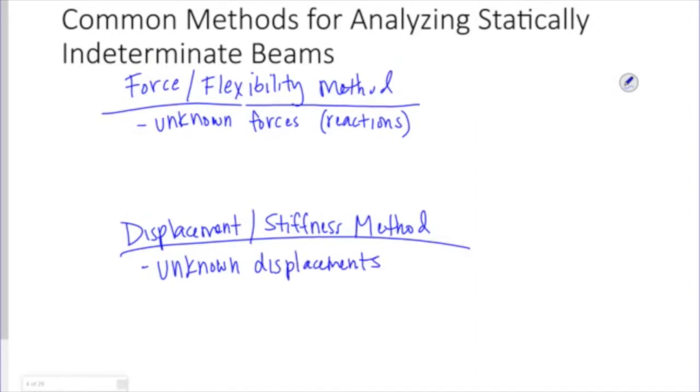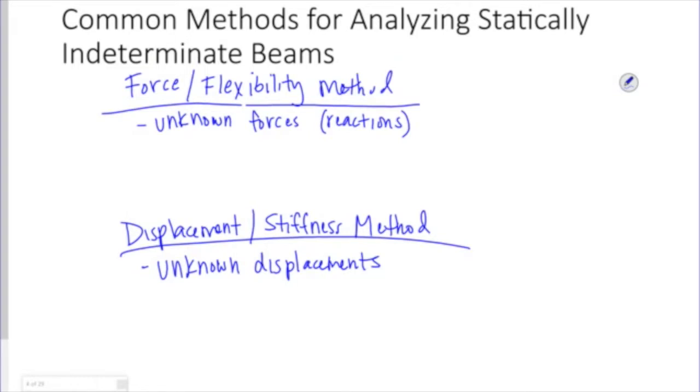So for example, we don't know reactions, so we're going to look at where we know displacements, which would be at the supports. In the stiffness method, we don't know the displacements, so we're going to look at the displacements of things that are moving as opposed to things that are not moving.